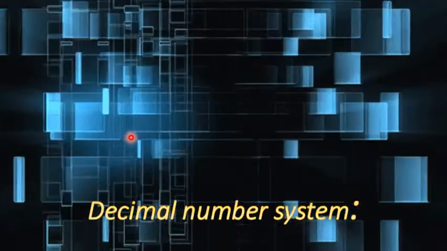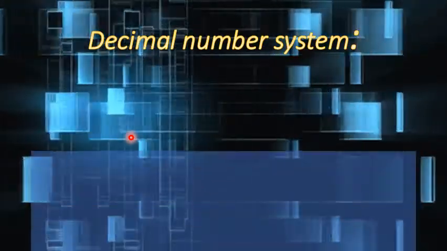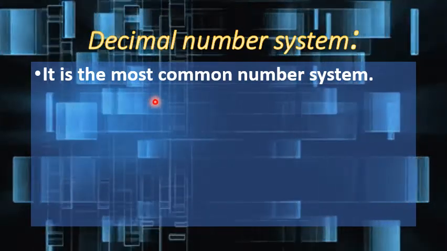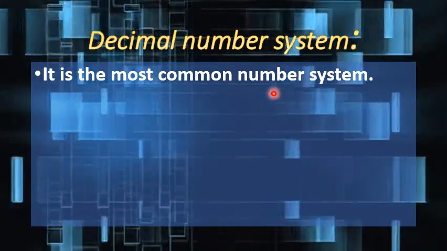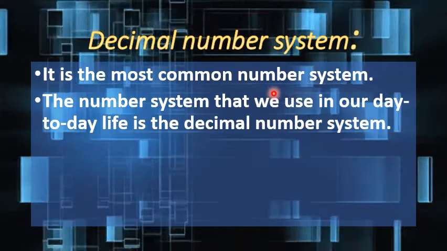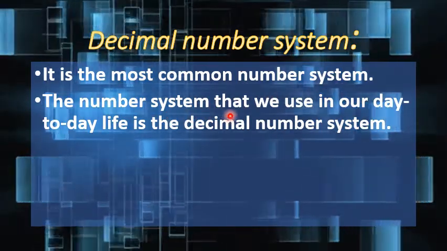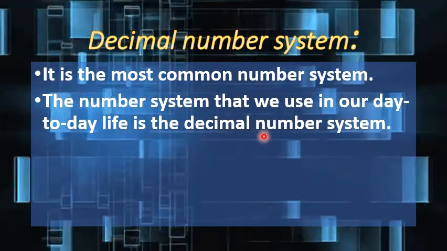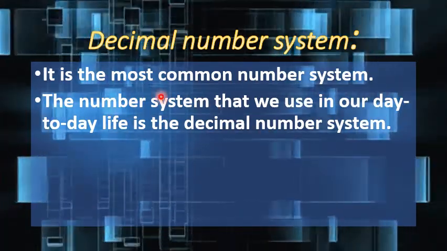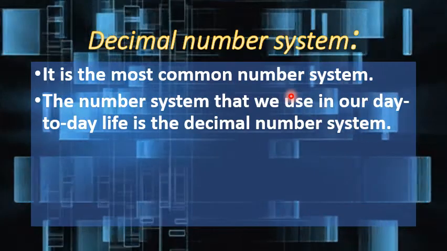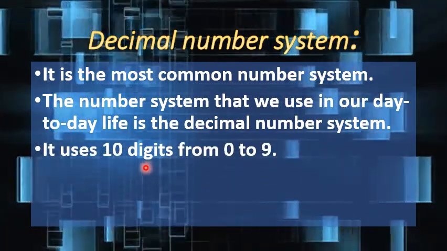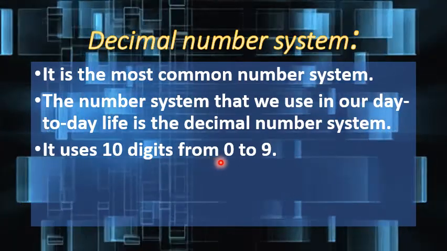So let's start the decimal number system. It is the most common number system. How? Because the number system that we use in our day-to-day life is the decimal number system. That is why it is the most common number system. It uses 10 digits, and these digits are 0 to 9.